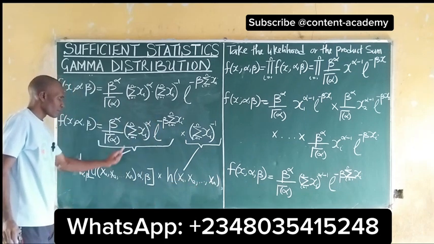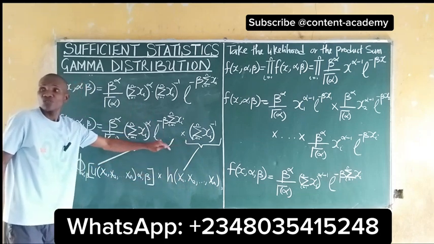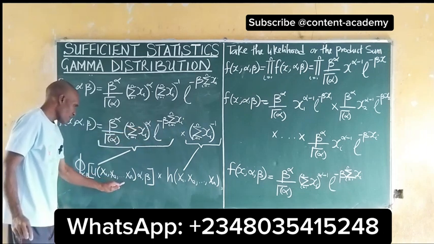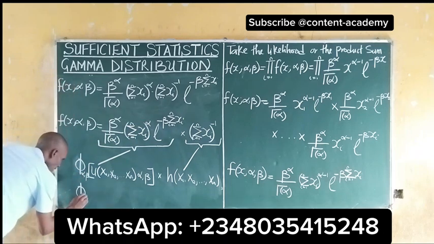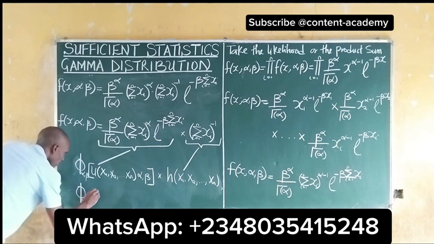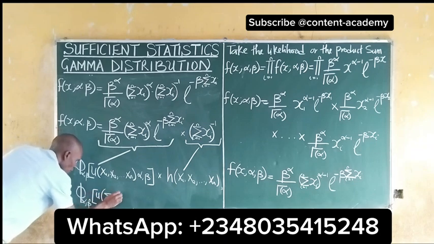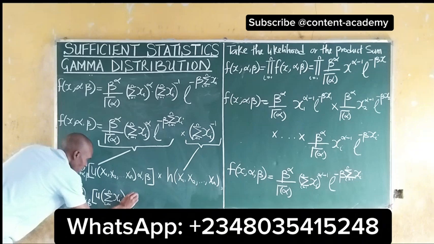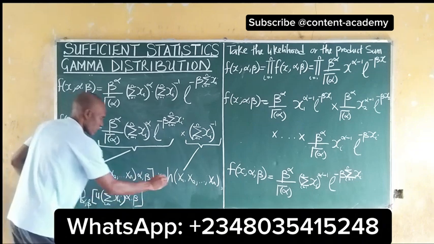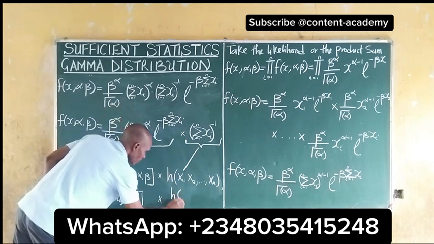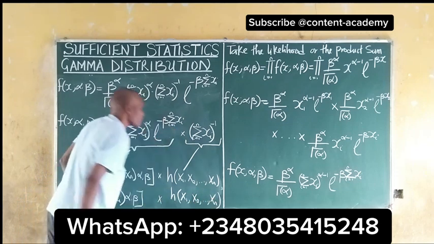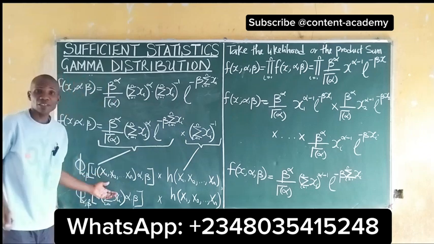So we have succeeded in factoring this out into two components. Also, this can be written as phi of alpha beta times mu of the summation of xi's, and we can also write this as our x1, x2 to xn.